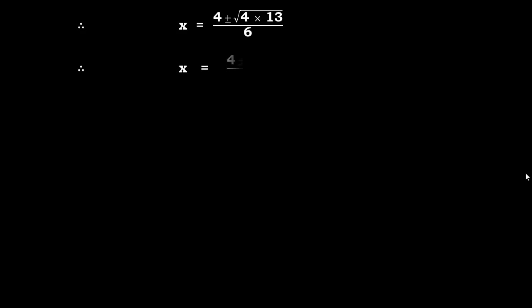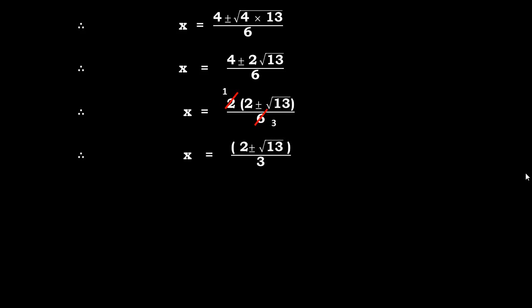So x is equal to 4 plus or minus 2 root 13 upon 6. We can take 2 common. So in bracket 2 plus or minus root 13 upon 6. 2 1s are 2 and 2 3s are 6. So x is equal to 2 plus or minus root 13 upon 3. That means x is equal to 2 plus root 13 upon 3, or x is equal to 2 minus root 13 upon 3.